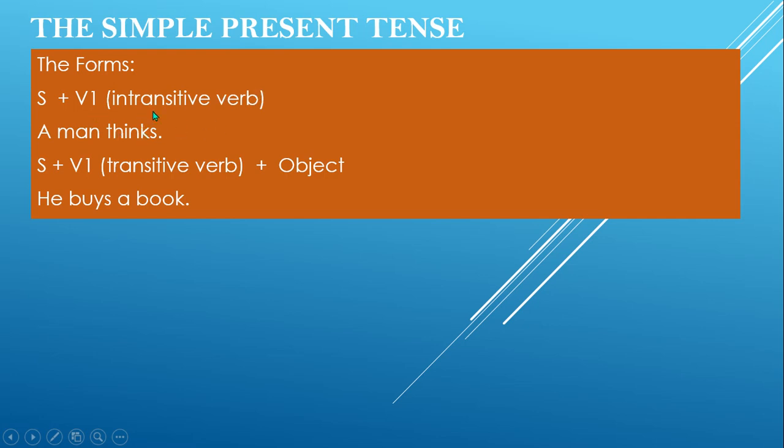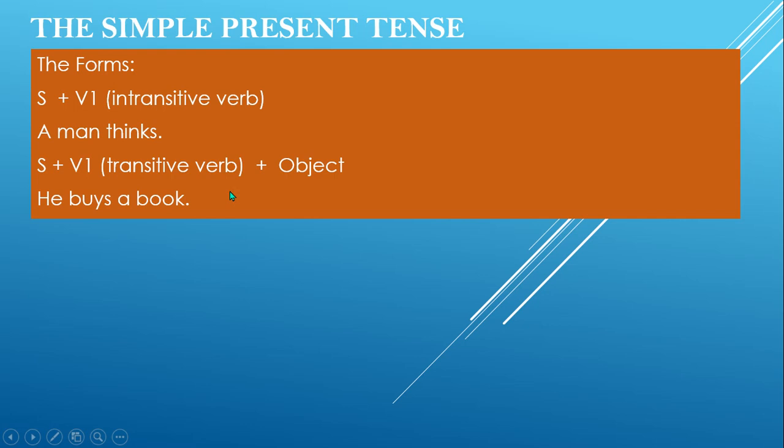As you notice here, we have two different types of verbs. The verb of the first sentence is an intransitive verb. An intransitive verb is a verb that does not require or need an object. So the verb think is an intransitive verb that does not require an object.